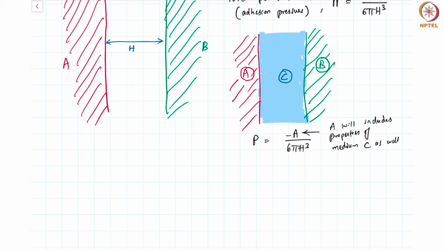Now if you were to change the materials on either side of these interfaces, like by interfaces I mean there is an interface here and an interface here, does the force change? The answer is yes. So therefore this is strictly speaking a body force.